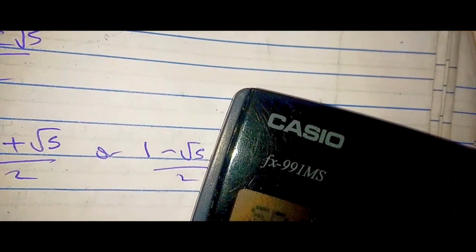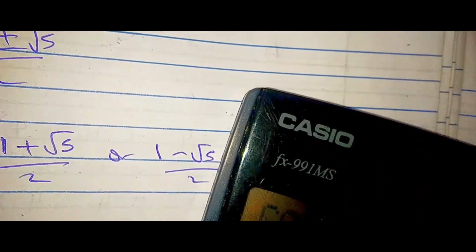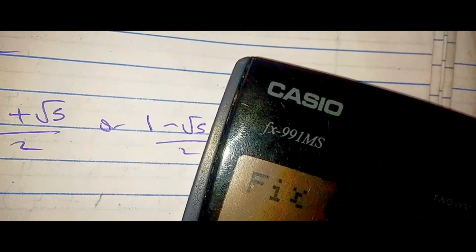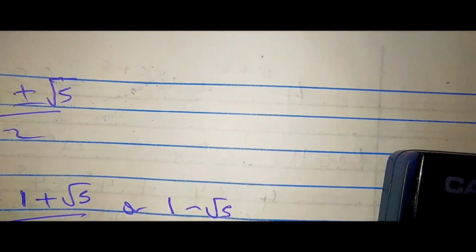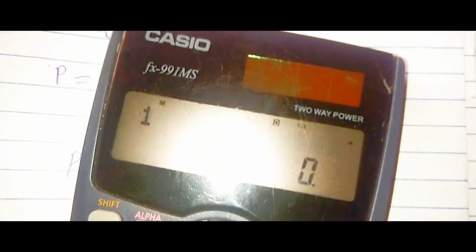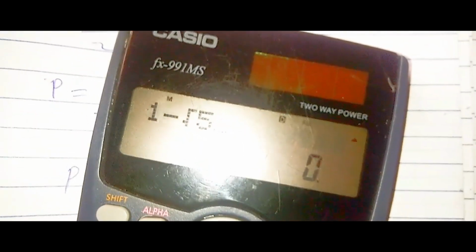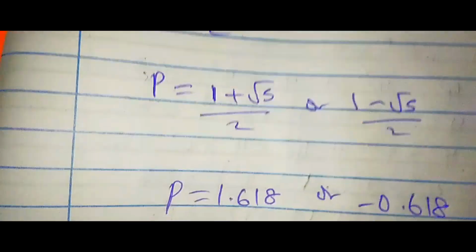Let's say 4 decimal places. So we have p is equals to 1.618, or solving the same thing, 1 minus root 5 divided by 2, we have minus 0.618.